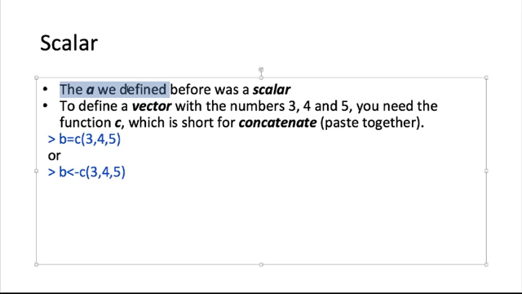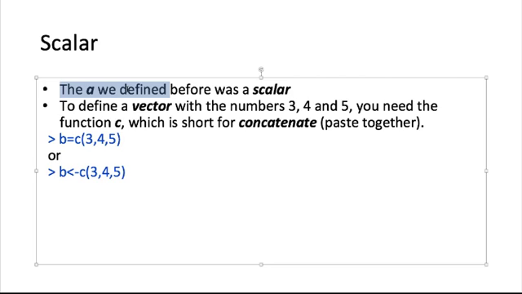That was a scalar, right? So we had a equals 4, that was a scalar. If we had b equals 5, that's a scalar. It doesn't have dimensions, right? It's just a single value. So that's what we term as a scalar.